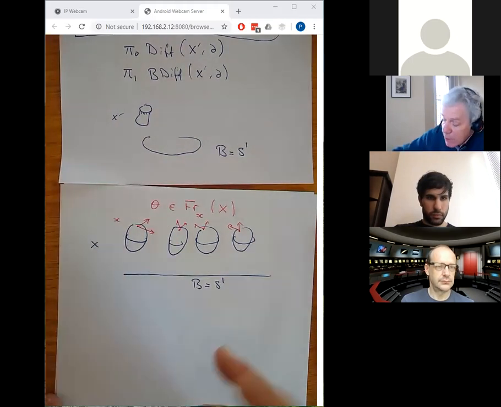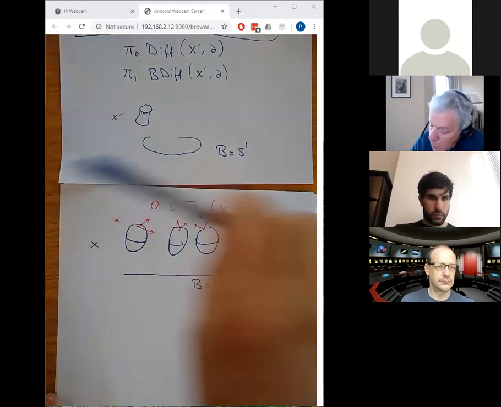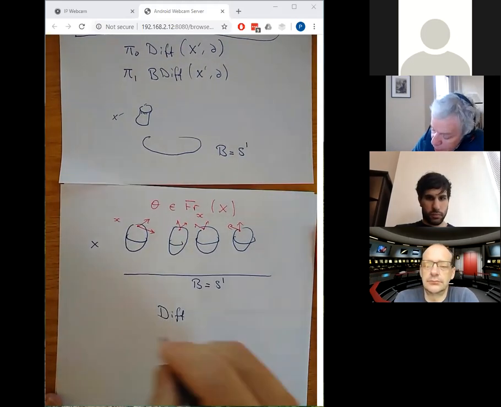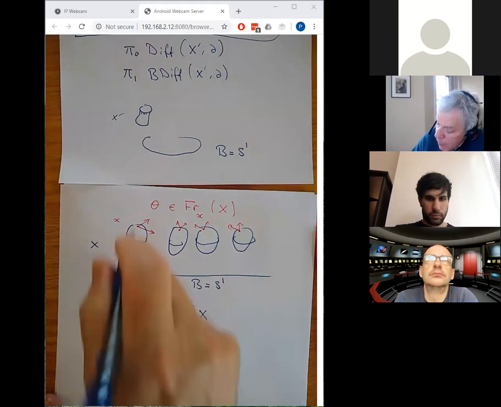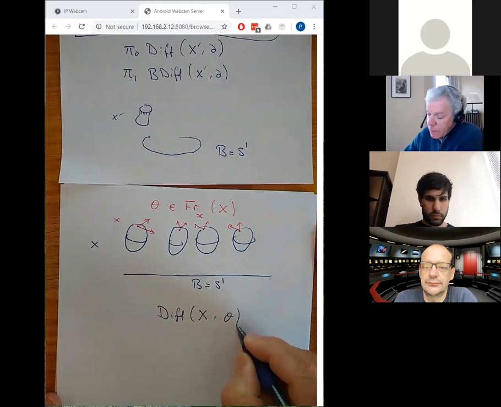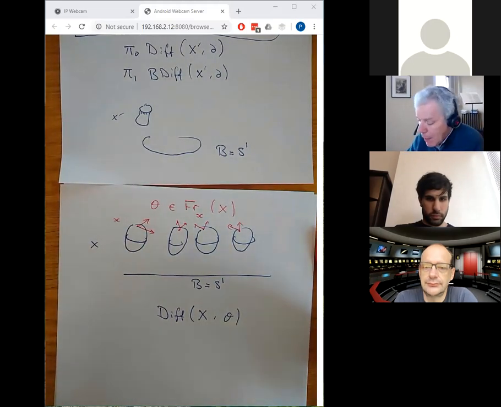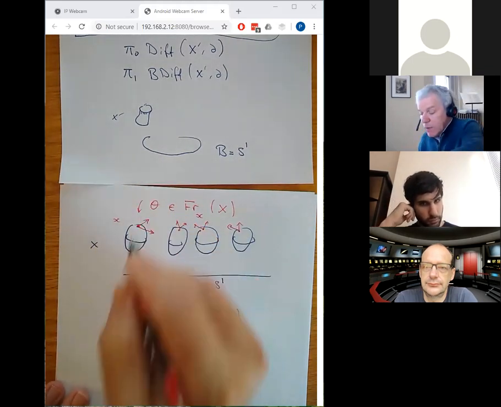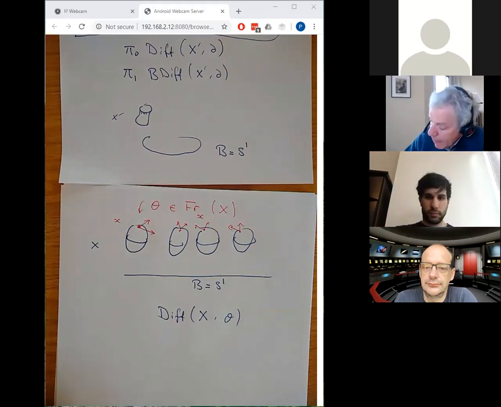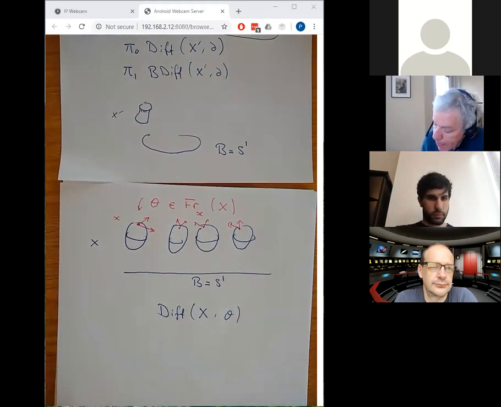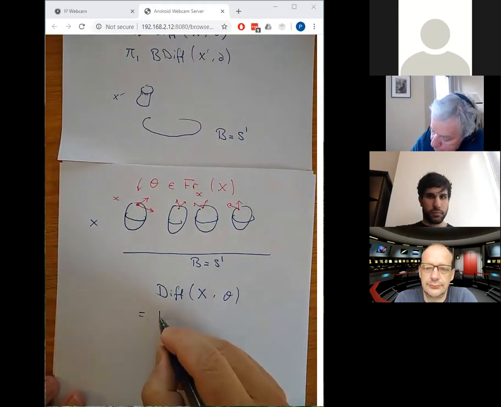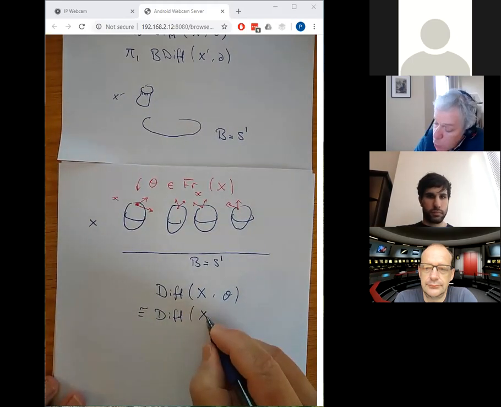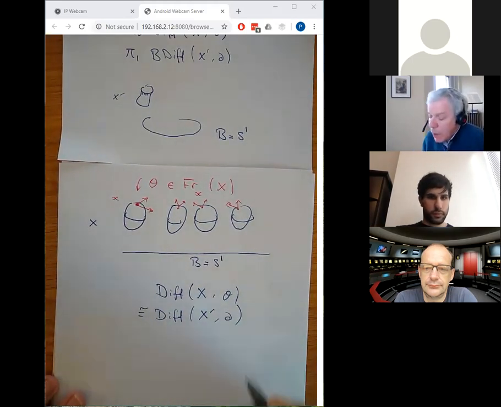This family has a monodromy, and that monodromy will be an element of the diffeomorphism group of X which preserves the framing theta, so it preserves the base point and maps this frame theta back to itself. This has the same homotopy groups as removing a ball and fixing the boundary pointwise.